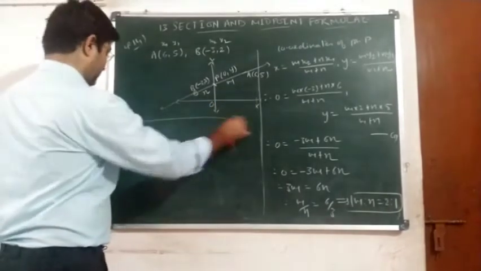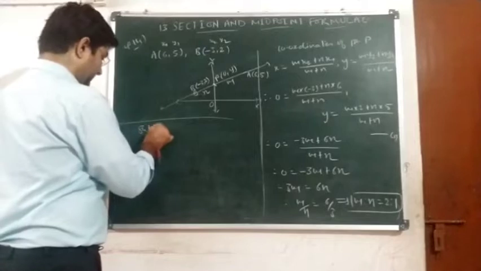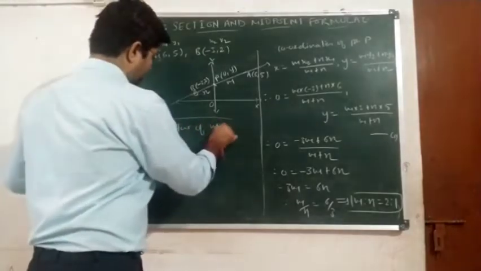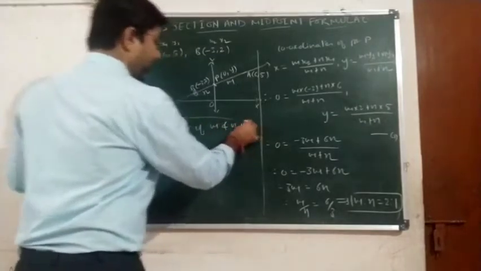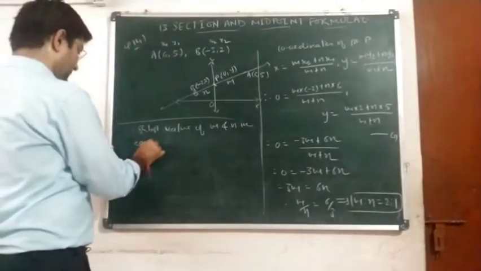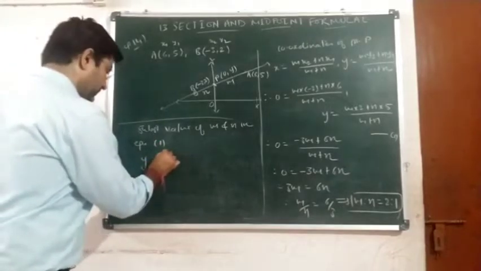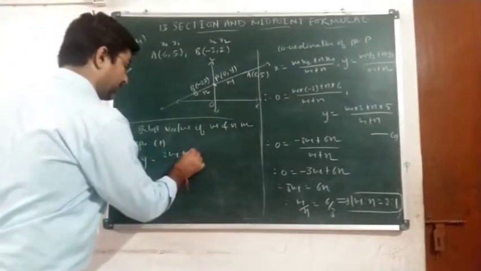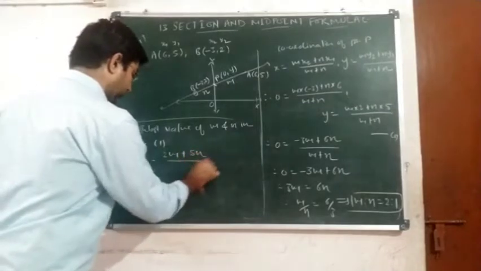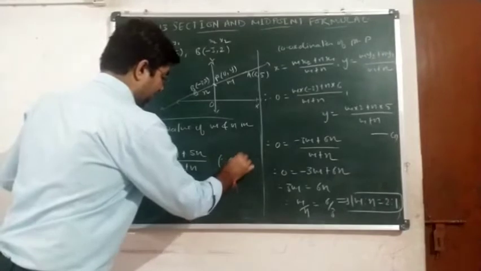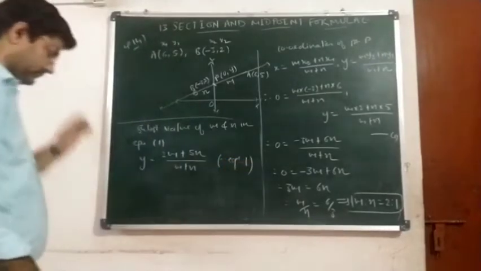Substituting the values of m and n in equation 1, y is equal to (2m plus 5n) upon (m plus n). This is equation 1.